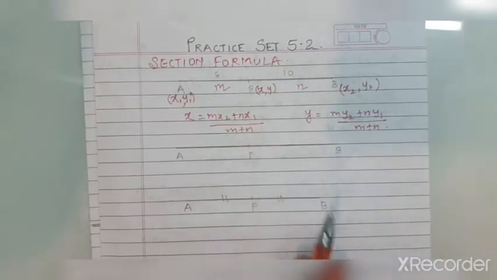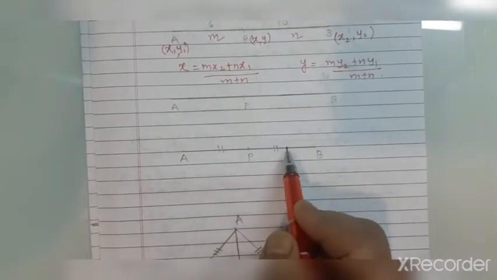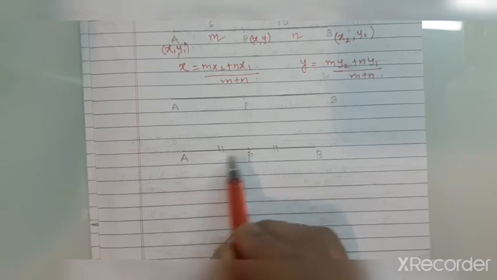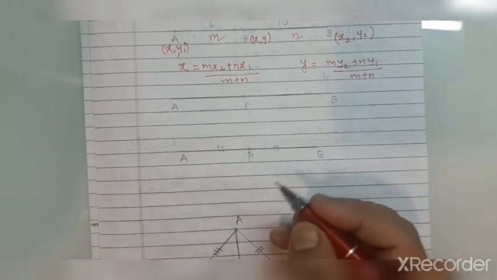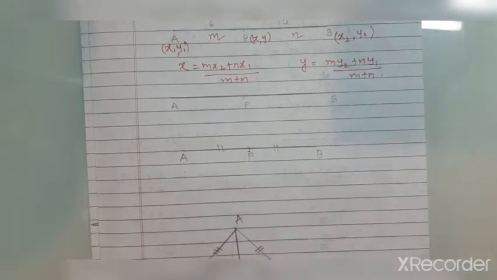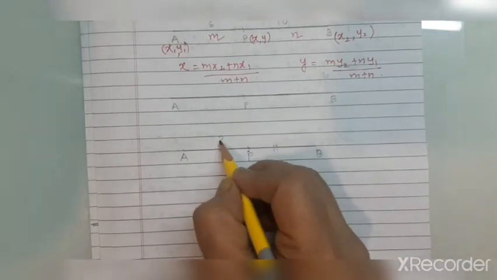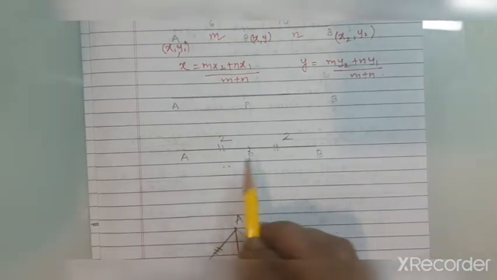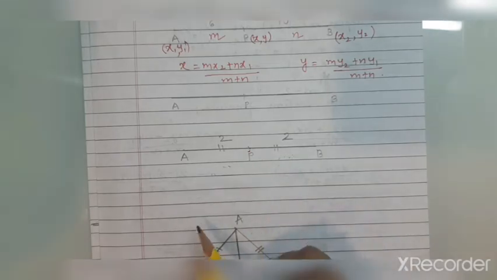Here, if you see, I have shown this with similar signs. That means this point P divides the segment AB into two equal parts. For example, if this is 2, this also is 2. So here the ratio, the m and n we consider, is equal.